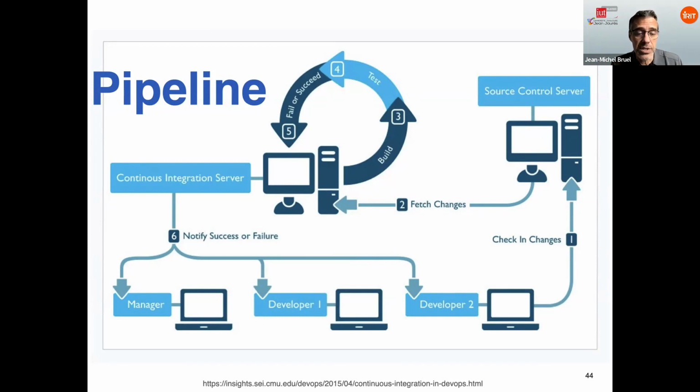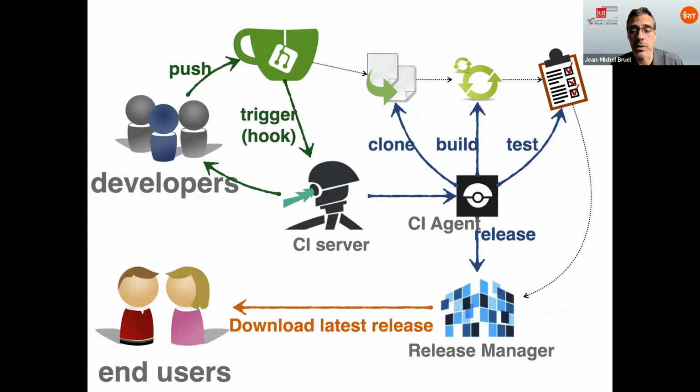Whatever the result is, whatever people you want are notified. You can, for example, send an email to the manager, or send a notification to the developer. Then back again, the developer maybe finds that the test has failed, fixes the failure, pushes the changes, and back again. This is a classical pipeline.